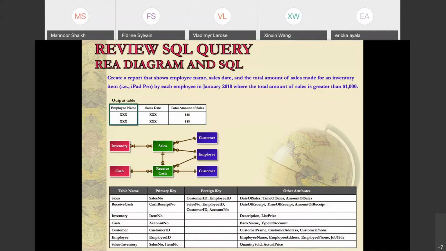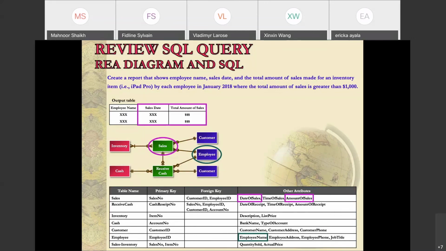So first, we want to select the items. The employee name is from the employee table. The sales date and total amount of sales are from the sales table. So first we identify which table each item comes from.